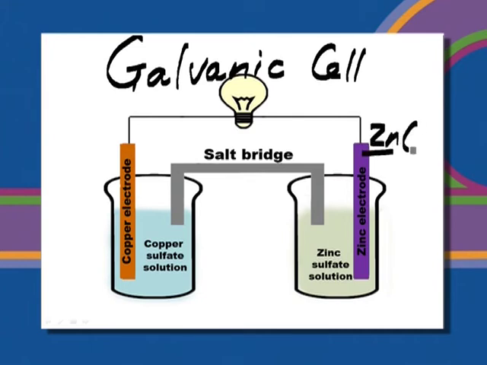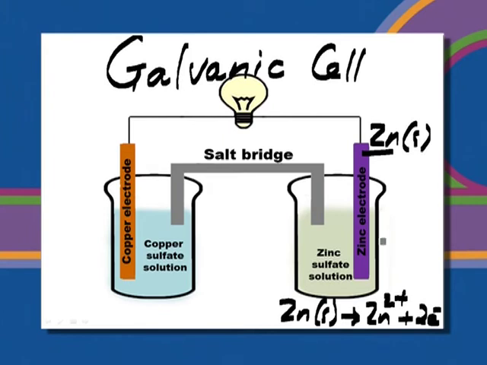Okay, it's a zinc electrode. What happens at the zinc electrode is oxidation. So we see zinc atoms losing electrons to become Zn²⁺ plus 2 electrons. So this side, what we see happening is oxidation because it's loss of electrons. The electrode where oxidation happens is called the anode.